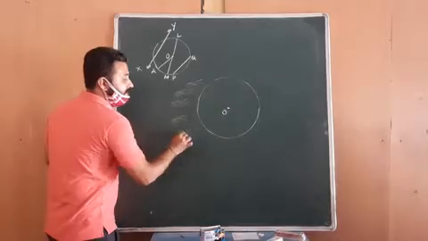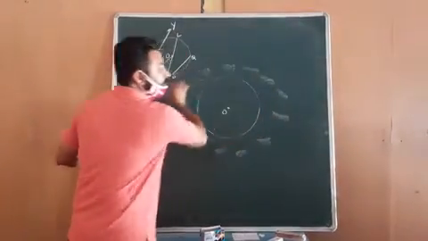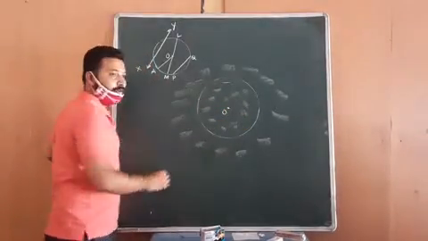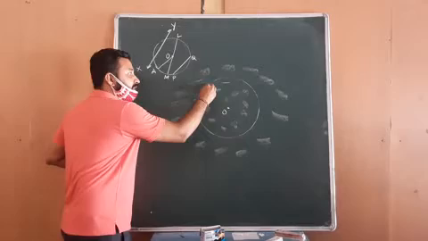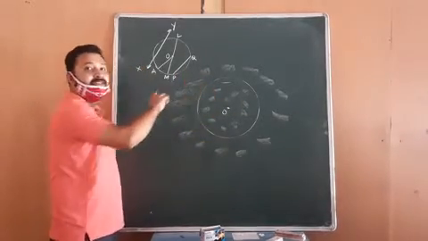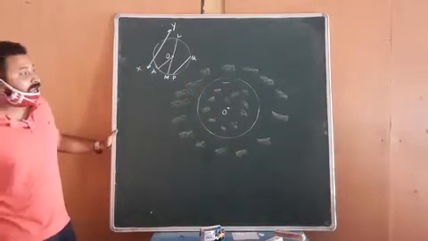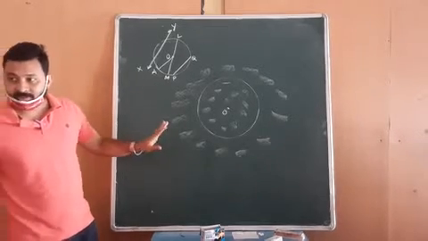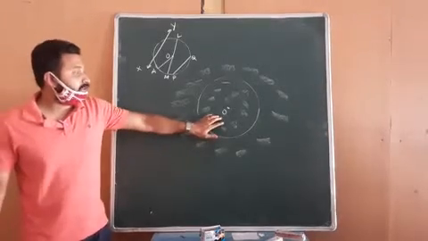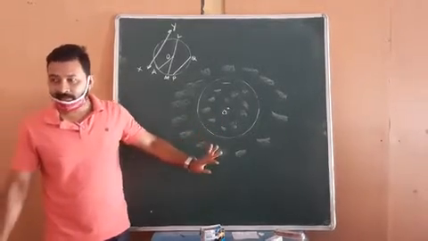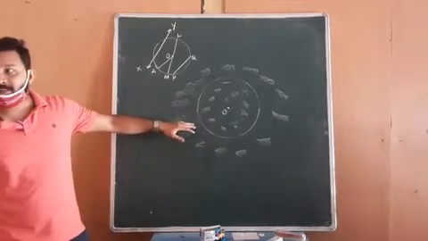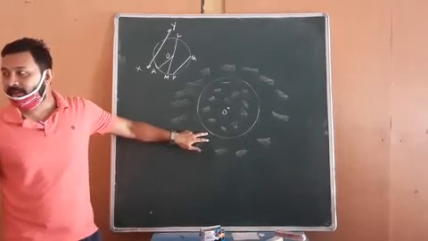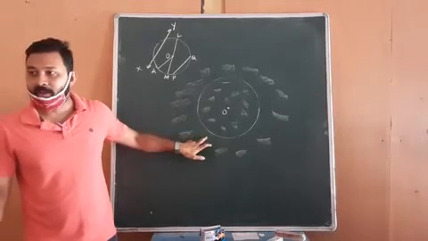This is the exterior of the circle. This portion is the interior of the circle. And the circle itself, that means the outline of the circle. A circle divides a plane into three parts: the exterior of the circle, the interior of the circle, and the circle itself. And as we can draw a circle on a plain paper or a plain surface, a circle is said to be a plane figure.